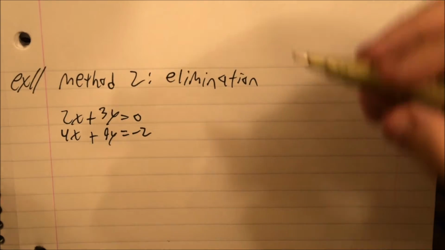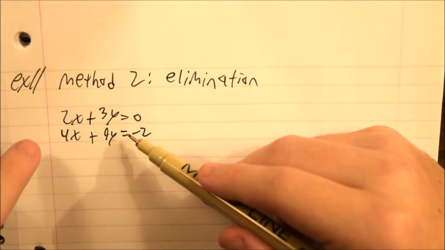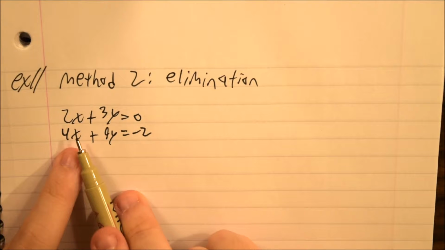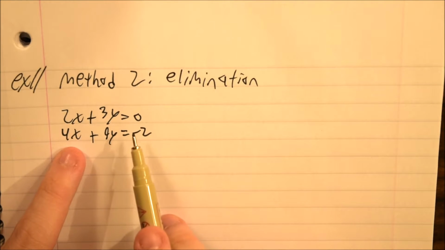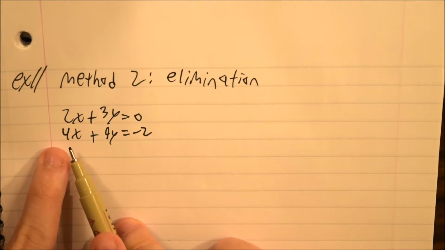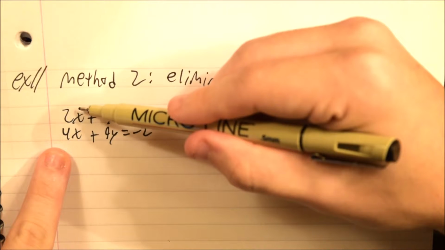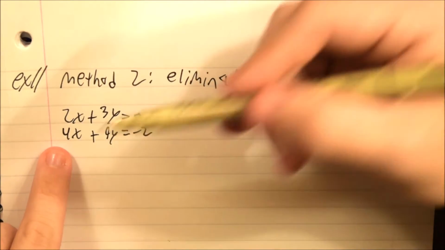So with elimination, I'm going to try to eliminate one of these variables. Let's look at eliminating the x variable. I want to add these two equations together so that it cancels out the x variable. What do I need to multiply this 2x by to cancel out 4x? It has to be negative 4x.